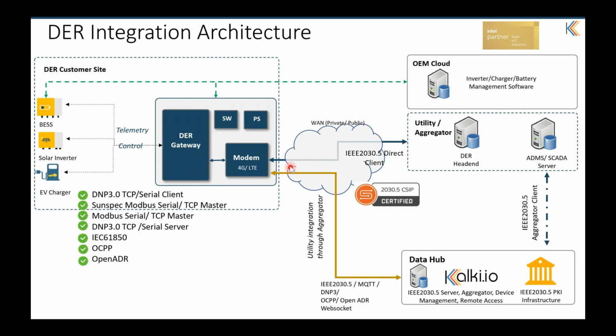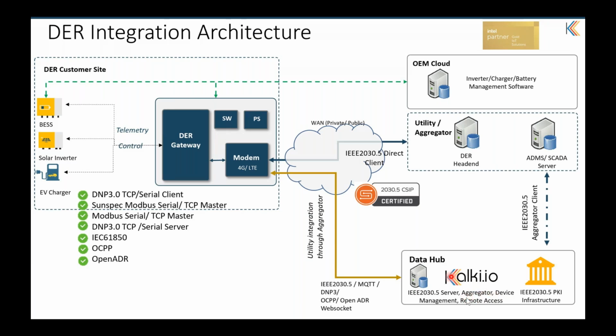And the gateway can provide a direct 2030.5 connectivity with the utility if the utility prefers to connect directly from the field, or else the gateway can send data to an aggregator. The data hub, which sits in the cloud, can act as aggregator software as well, with a 2030.5 server and aggregator client.